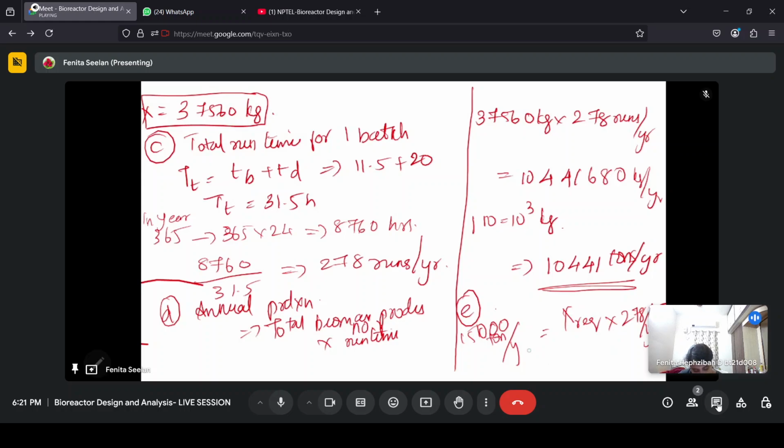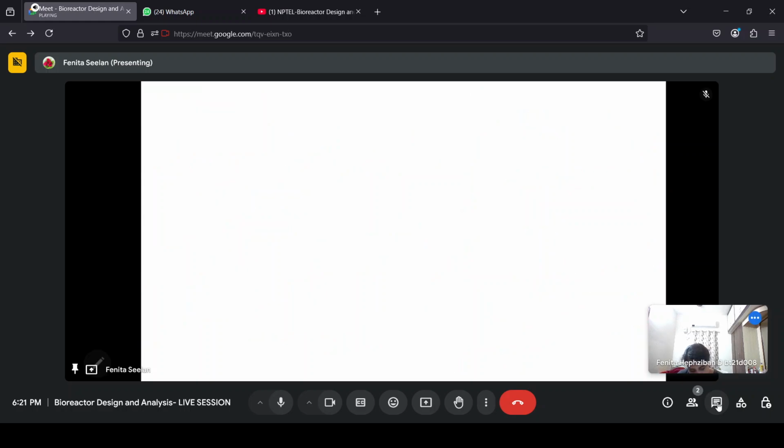To calculate this, just cross multiply. So 15,000 divided by 278, which will give you around 53.95, so approximately 54 tons. So from here, 54 tons per batch is required.